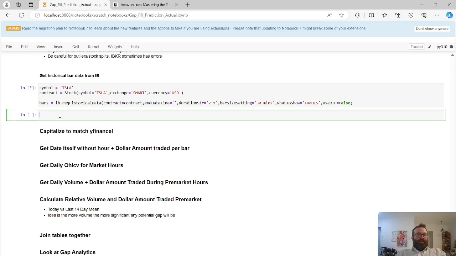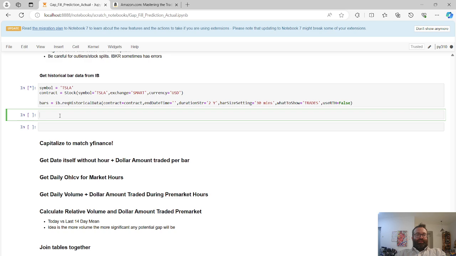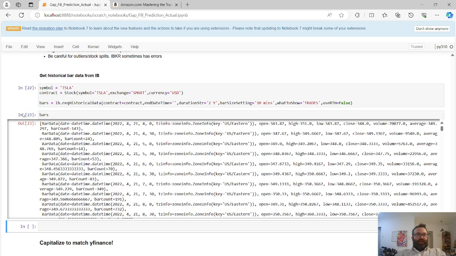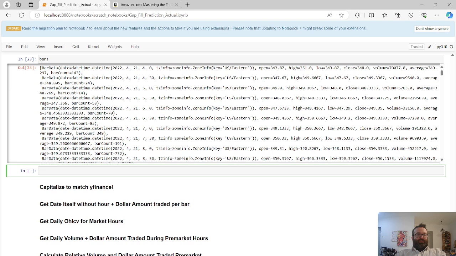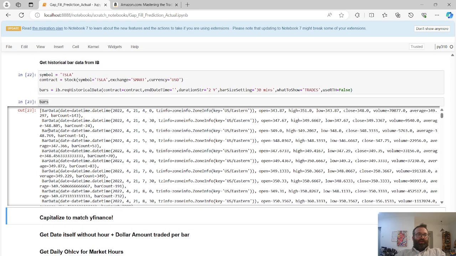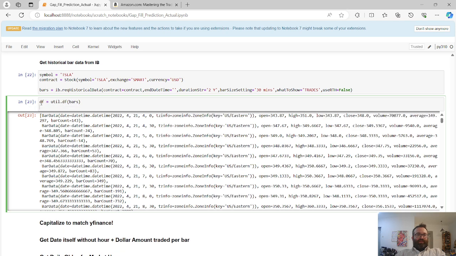Okay, so once this runs, just to remind whoever isn't familiar, it gives you a list of bars like this, and then you can basically make a data frame by doing util.df(bars), and this gives you a data frame. So it's like this.